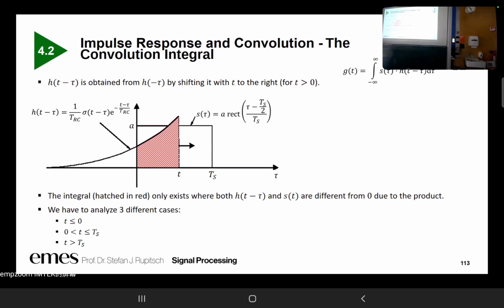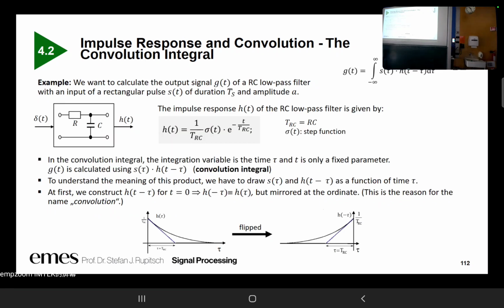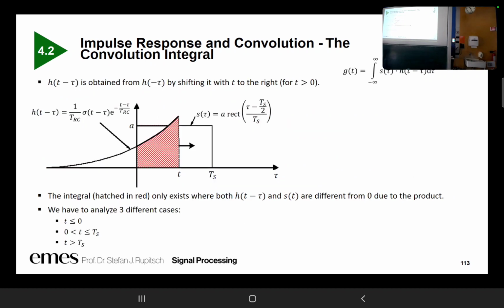If we apply a rectangular bias as input here, this should be our weighted input function, a rectangular bias with the weight A and the duration ds also in this case. We have the impulse response, the flipped and shifted version, and we shift it against the input function according to this formula.